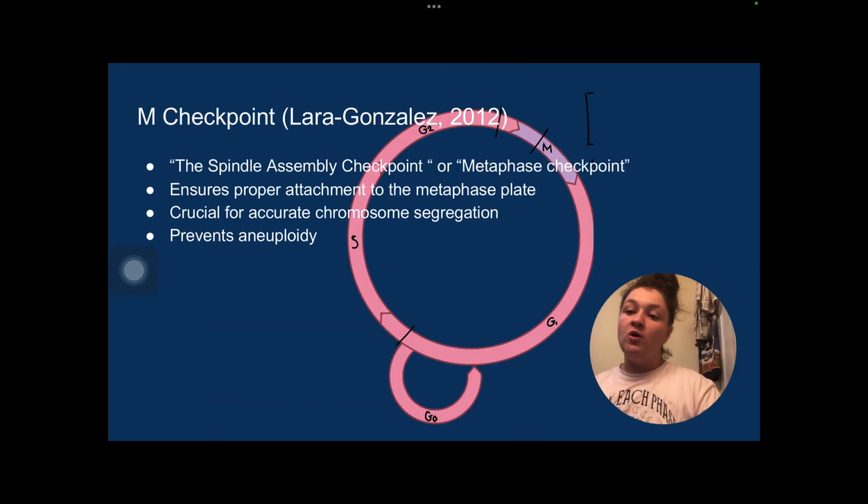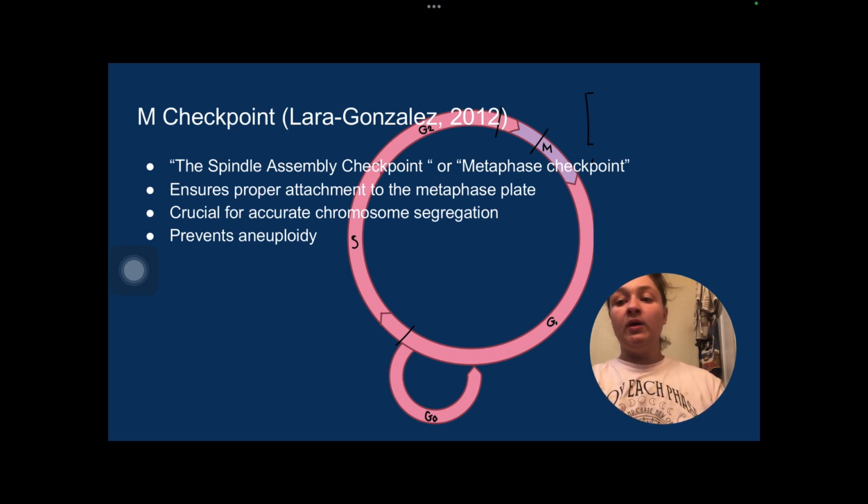The M checkpoint, also known as the spindle assembly checkpoint or the SAC, is a critical control mechanism in the cell cycle that ensures accurate chromosome segregation during mitosis. The M checkpoint prevents the cell from progressing to anaphase until all chromosomes are properly aligned and attached to the spindle apparatus.